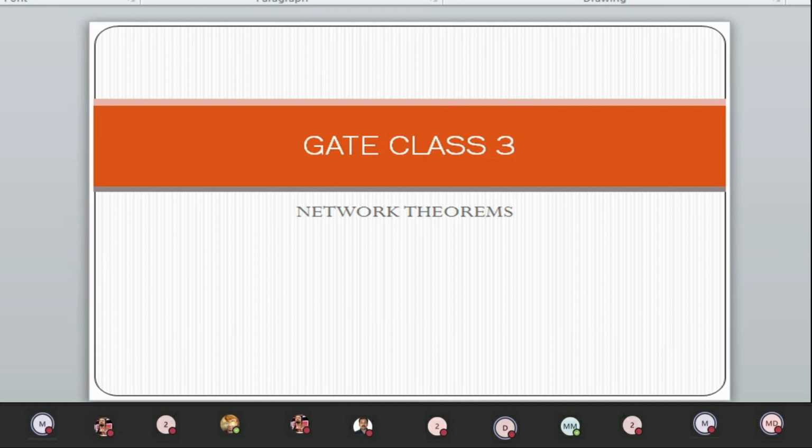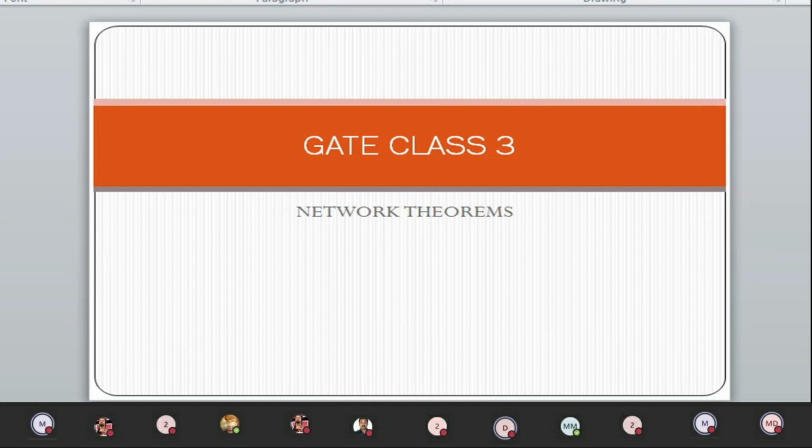But to focus our attention on GATE preparation, most questions will be based on superposition, Thevenin, and Norton, and once or twice even the maximum power transfer theorem has come. Okay, so it is always advisable to work as many problems as possible based on these four theorems.